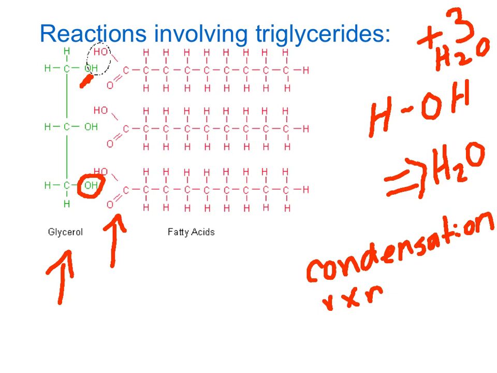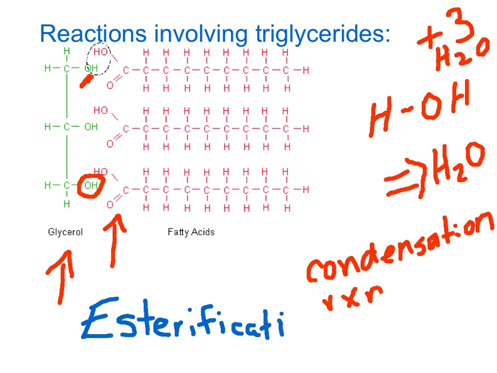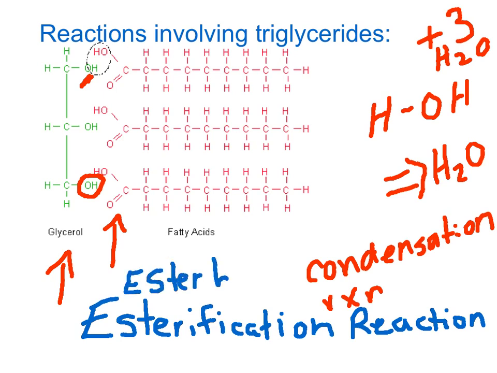And this type of reaction, well, it's a condensation reaction, but if we're talking specifically about lipids, we refer to it as an esterification reaction. And the bond that forms between the glycerol and the fatty acids is called an ester bond.